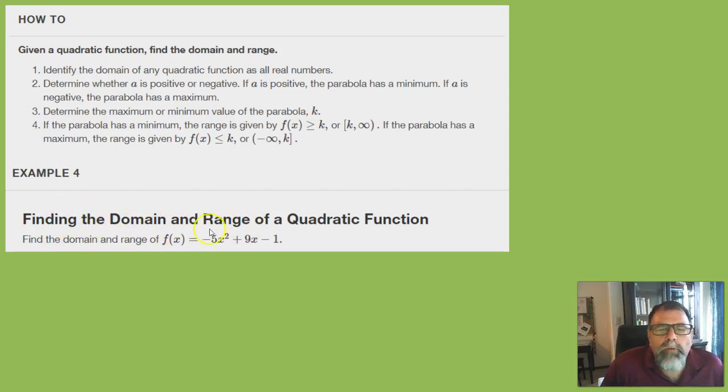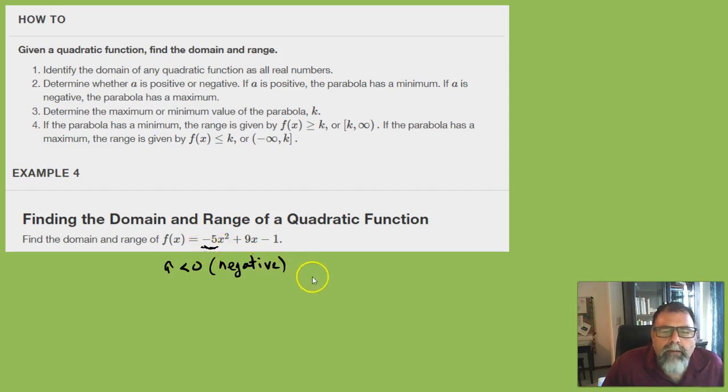Example 4, finding the domain and range of the quadratic function f of x is equal to negative 5x squared plus 9x minus 1. Since a is negative, it's negative 5.